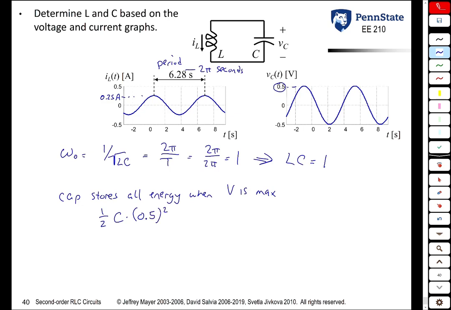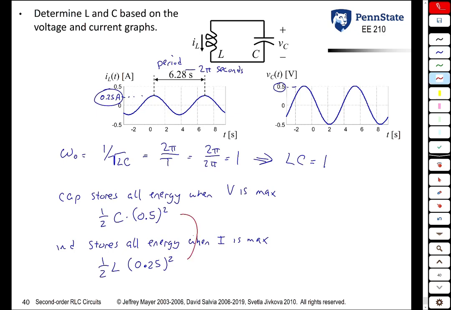We also know that the inductor stores all the energy when the current is maximum. And that energy is 1/2 times L times 0.25 squared, which we get from there.